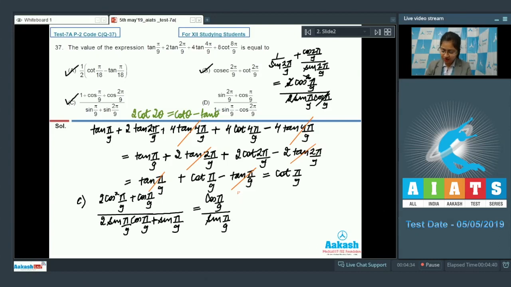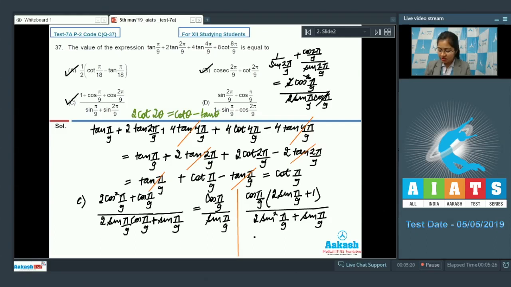Now let's check the last option, option number D, which says sine 2 pi by 9, let's write it as 2 times sine pi by 9 into cos pi by 9. Taking cos pi by 9 common, we are left with 2 times sine pi by 9 plus 1, and in the denominator 1 minus cos 2 pi by 9 can be written as 2 times sine square pi by 9 plus sine pi by 9.